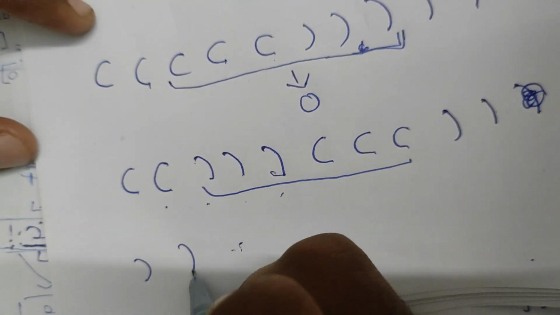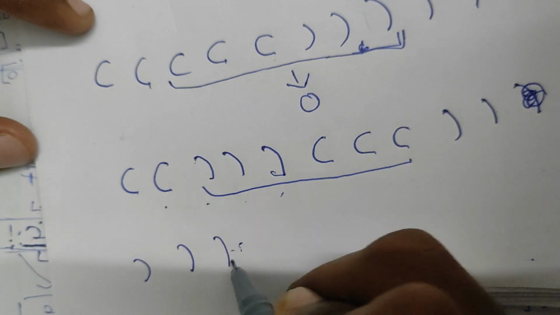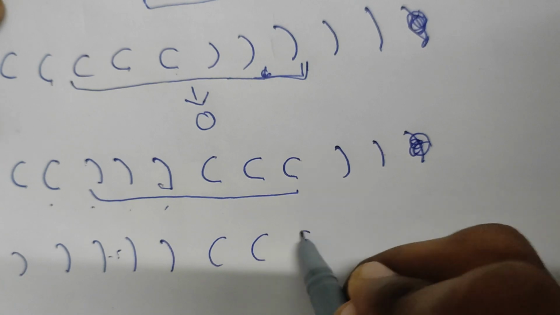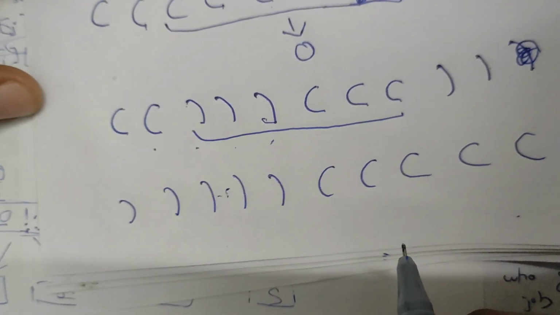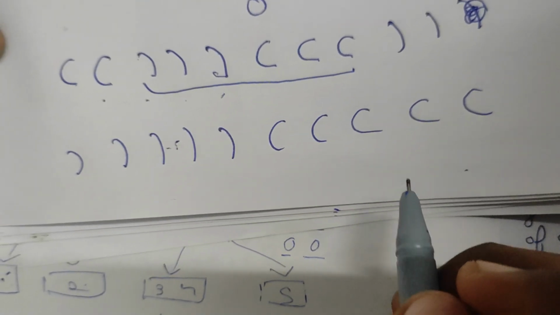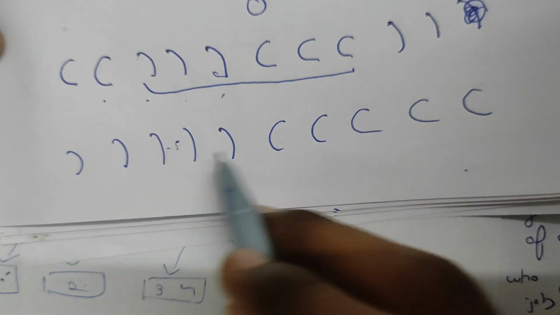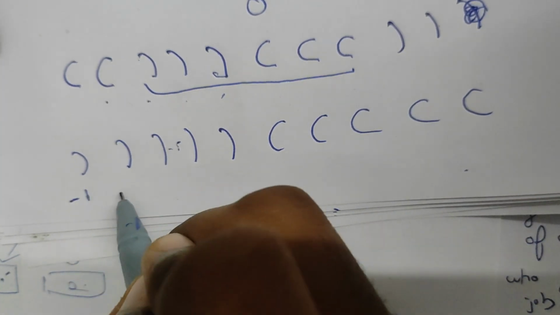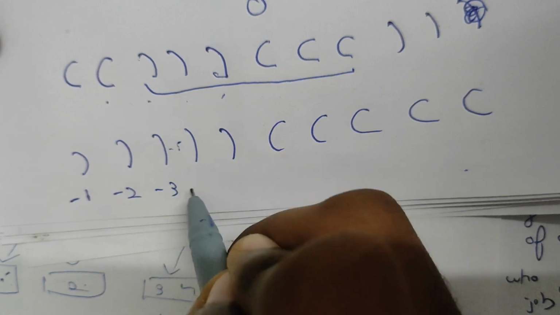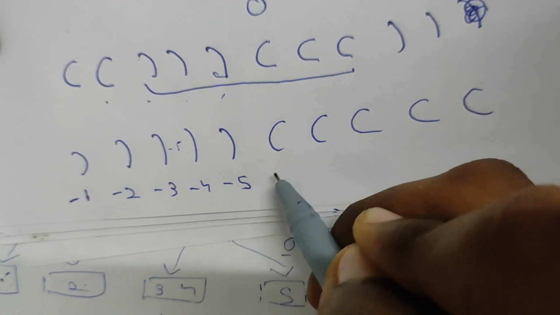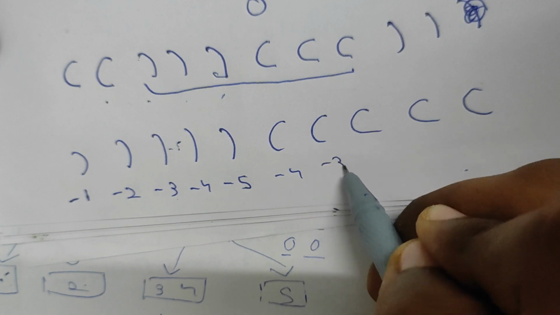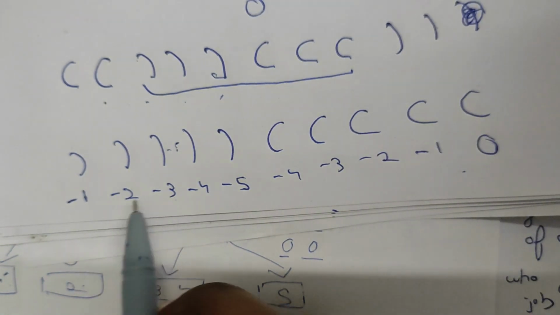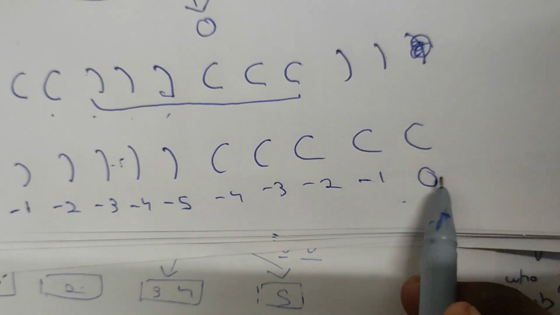When I reverse the entire string, the string becomes this, the reversed string. Now I will compute the prefix sum on this. The prefix sum is minus 1, minus 2, minus 3, minus 4, minus 5, minus 4, minus 3, minus 2, minus 1, 0. So I computed the entire prefix sum over this array.